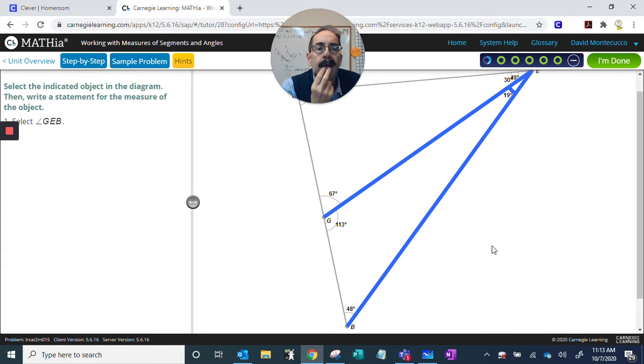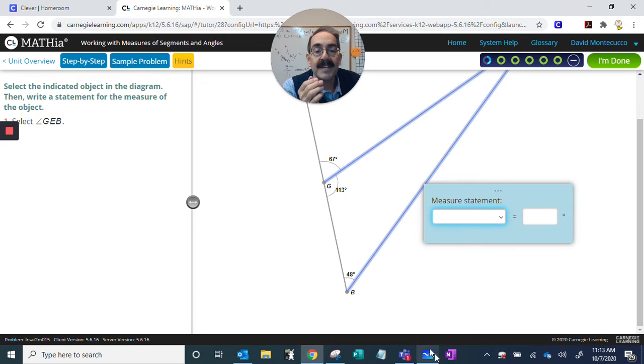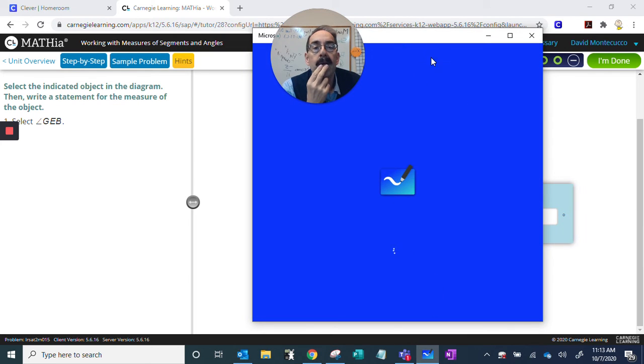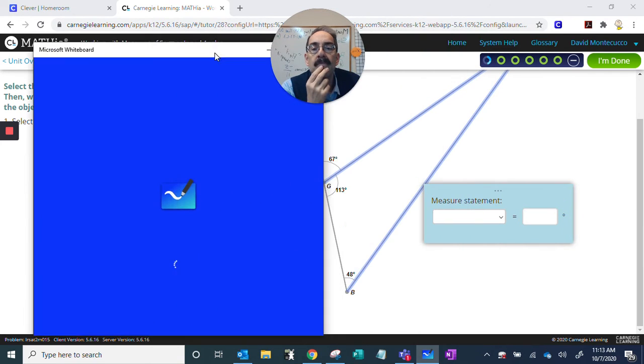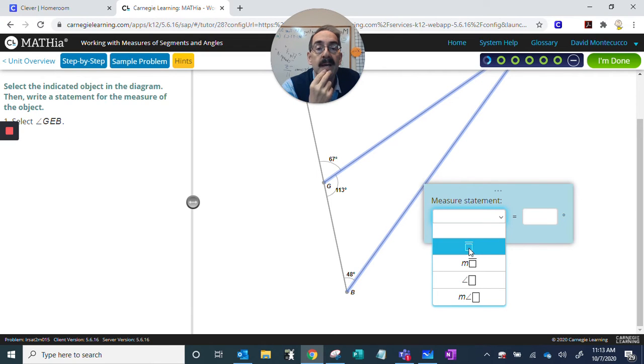Okay, and we're going to have to answer a couple questions. Now remember, we have this idea of measure, right? So let's just refresh our memory on that, because in class, I haven't actually formally said that yet. So when we click here, we see segment, measure of the segment, angle, measure of the angle.